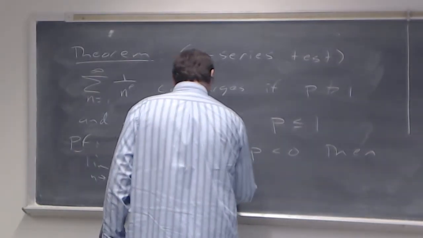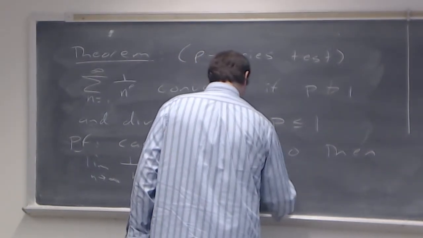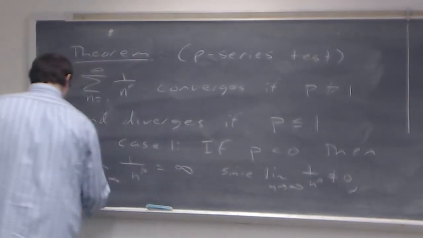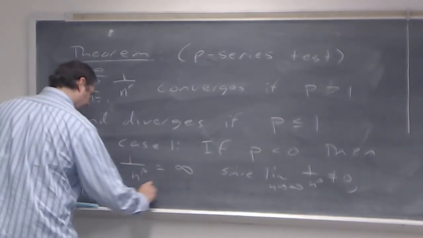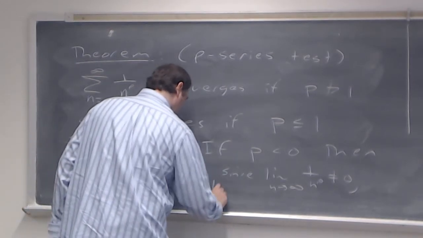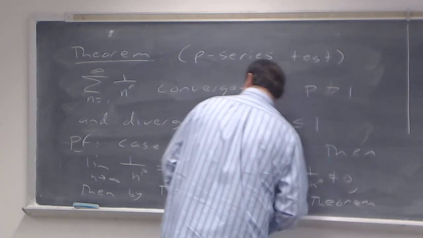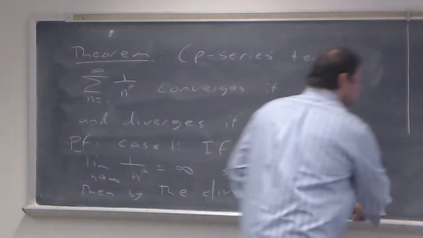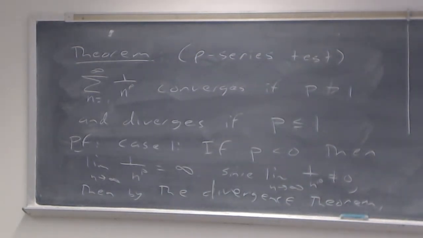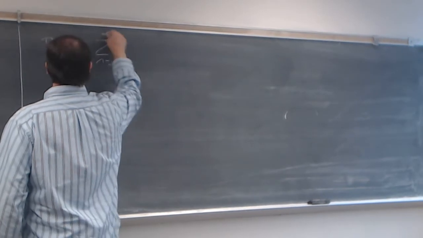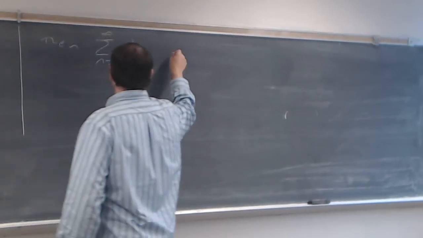Since the limit of 1 over n to the p is not 0, by the divergence theorem, the series as n runs from 1 to infinity of 1 over n to the p diverges.